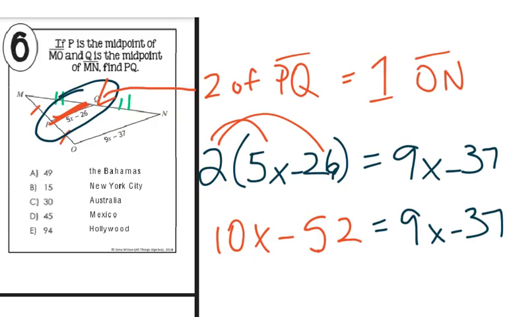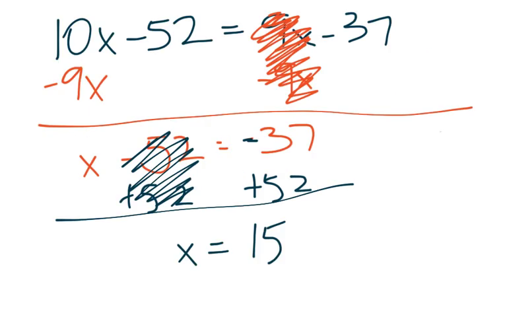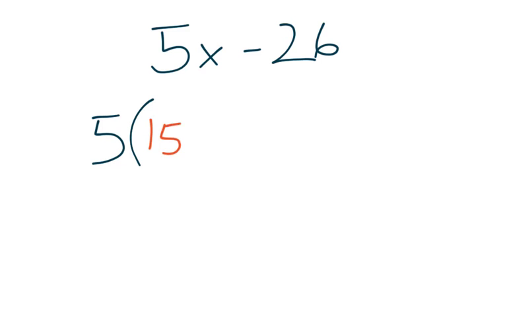So if I look back, PQ was 5x minus 26. But x is 15. So I've got to actually work this out. Let me make sure. X was 15, yeah. Okay. So 5 times 15, I think, is 75.